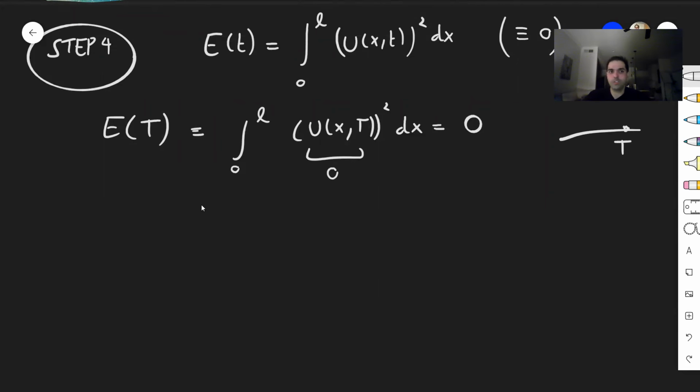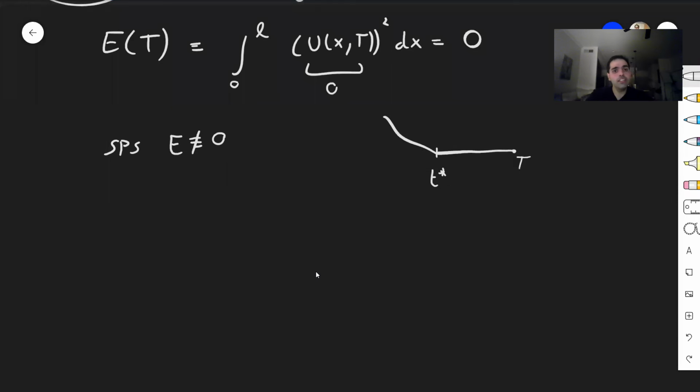And now let's do our contradiction. Suppose E is not identically equal to 0. Then of course it has to be positive at some point, but let's use this condition a little bit. If this is at capital T, we know E is 0 here. Possibly it could be 0 for a longer time, but because it's not identically equal to 0, there has to be a time where it switches from 0 to positive. Let's call this T star.